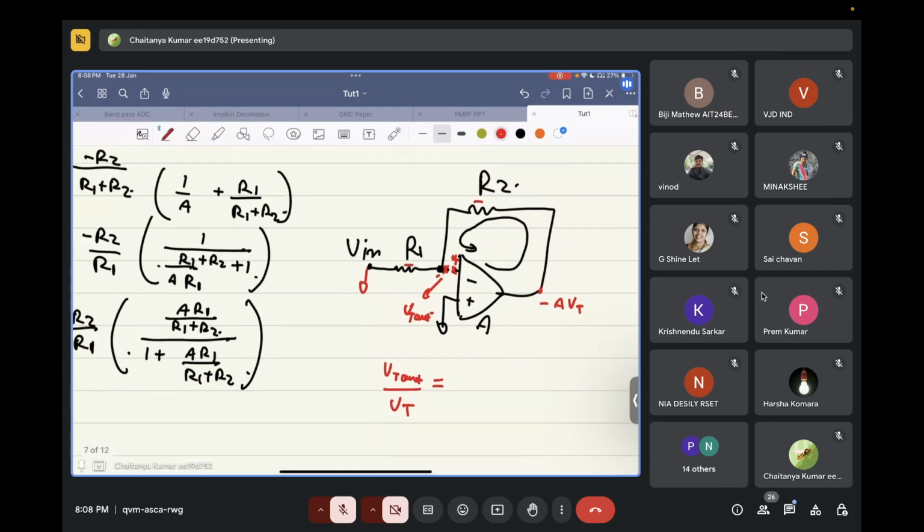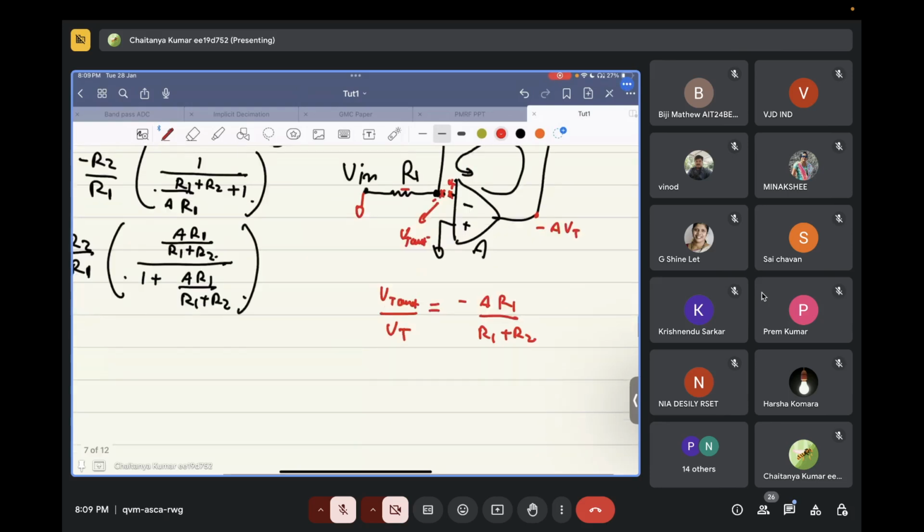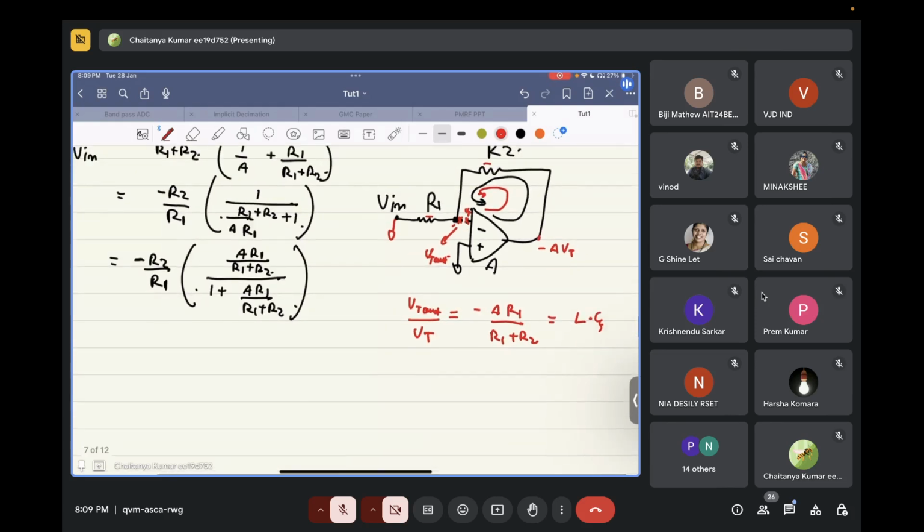Since V in is 0, that won't be considered. So we will have minus A Vt, A times R1 upon R1 plus R2. Okay, so this is called loop gain. If you travel across the loop of the negative feedback that is formed, whatever gain you get is called your loop gain.